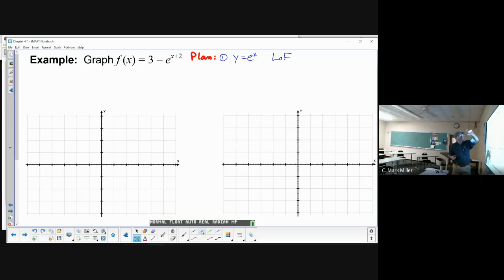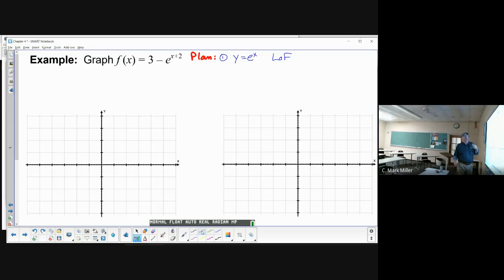Now, this negative right here is going to do what to the e? It's going to reflect it about the x-axis. X plus 2 is going to be a shift horizontal left. So that's important. You do enough of these transformation problems, work enough with transformations, that you can read those things off in a simple problem like this.